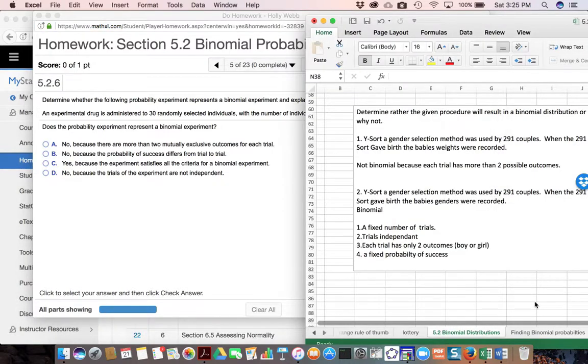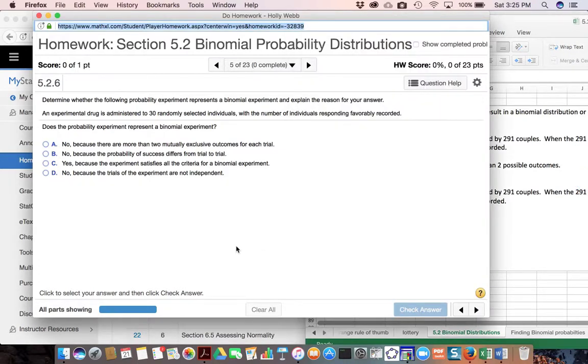And then is there a fixed probability of success? An experimental drug is administered to 30 randomly selected individuals with the number of individuals responding favorably recorded. I think here they are assuming there is going to be a fixed probability of success with the treatment. So let's see if this is saying that it is a binomial experiment.